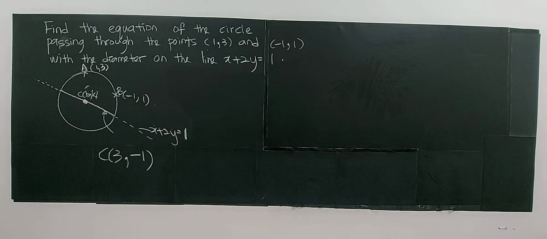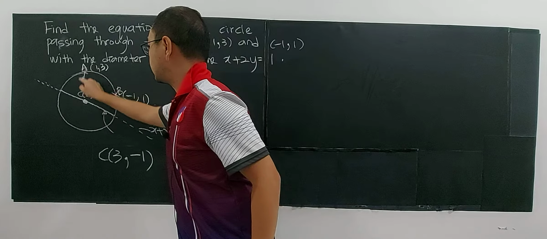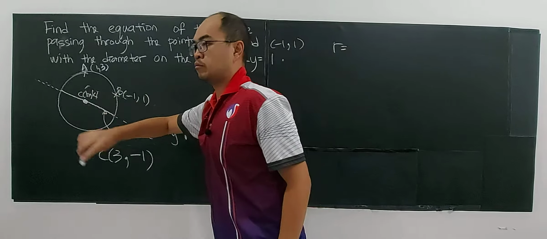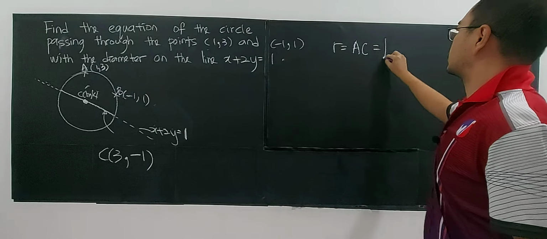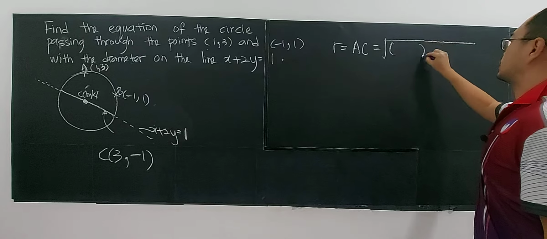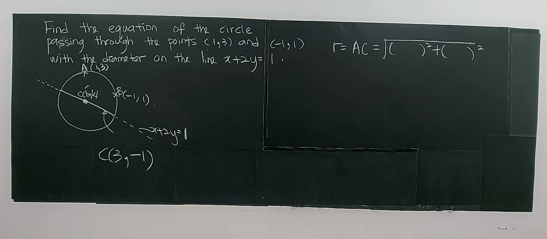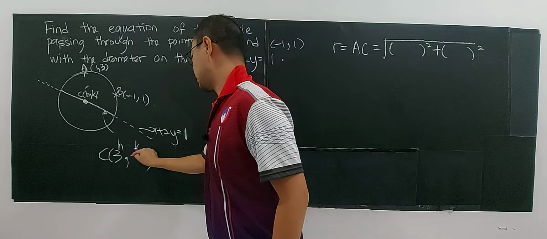We know the center of the circle, so we can find the radius just by finding the distance between A and C, or the distance between B and C. Both are okay. So distance AC, because AC represents the radius, is the square root of something squared plus something squared, using the distance formula: x1 minus x2 squared, y1 minus y2 squared. h is 3, k is negative 1.